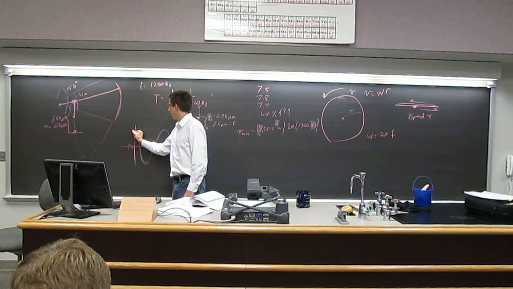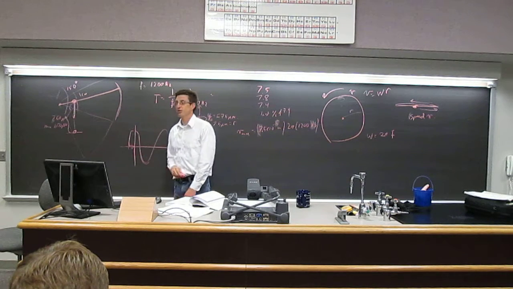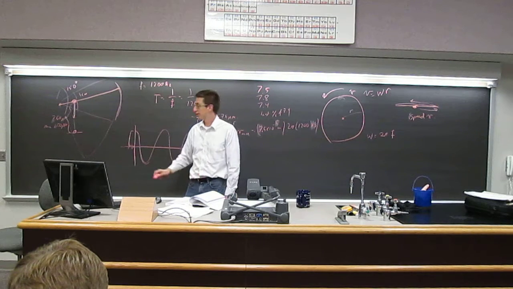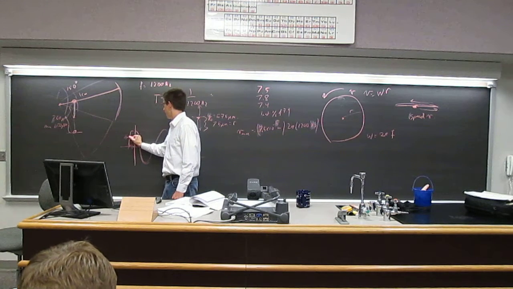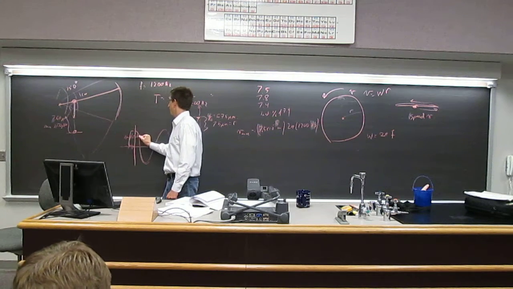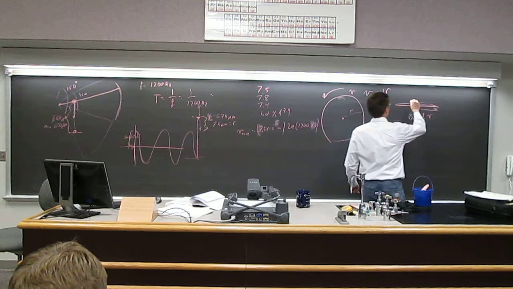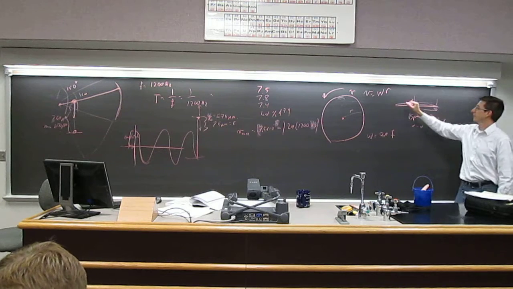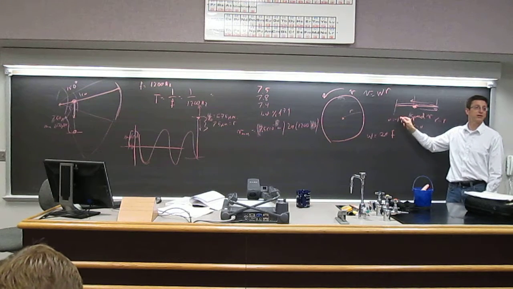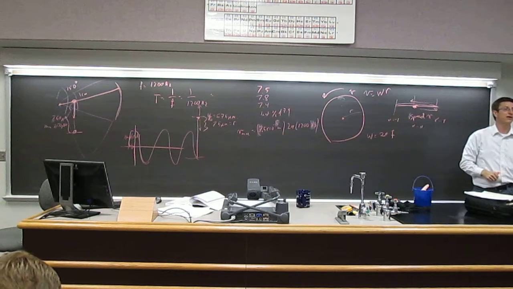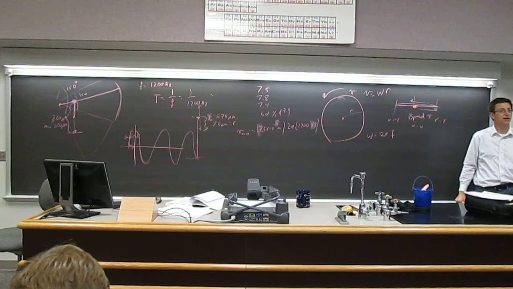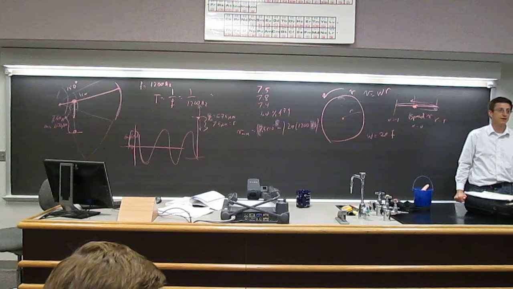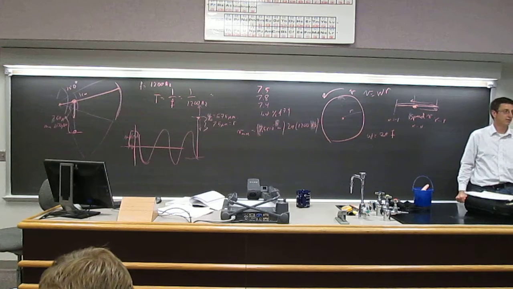We call this distance from the equilibrium position the amplitude. If I call this x equals 0, this would be x equals r and this would be x equals minus r. So it goes between minus r and r, or twice that amplitude. That makes sense? Yeah.